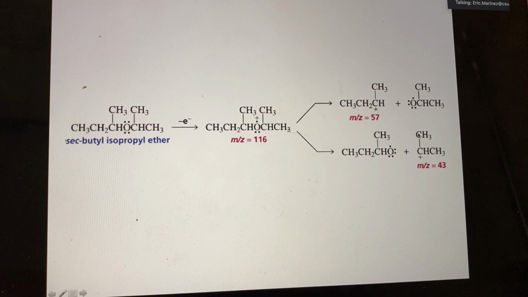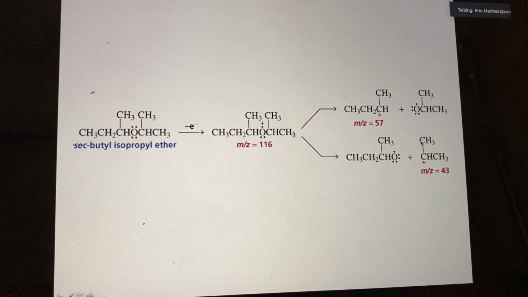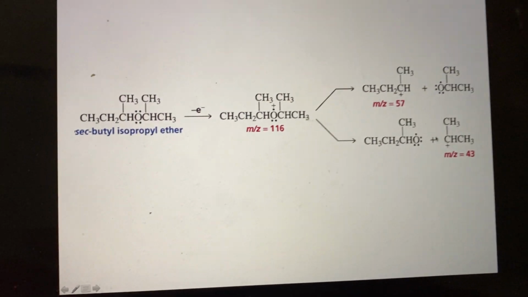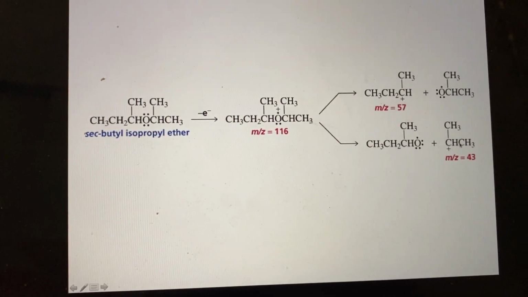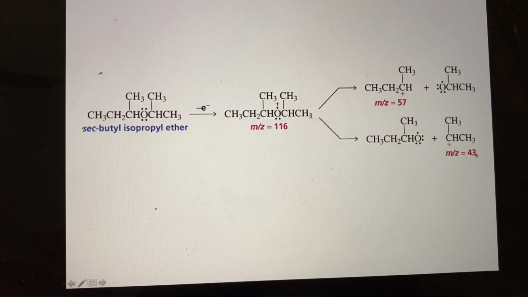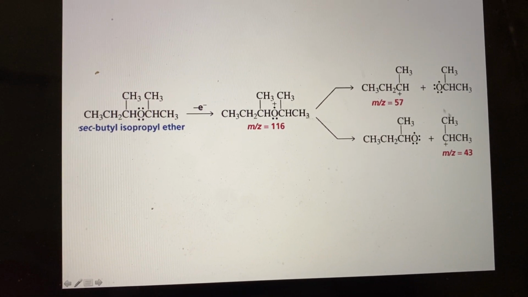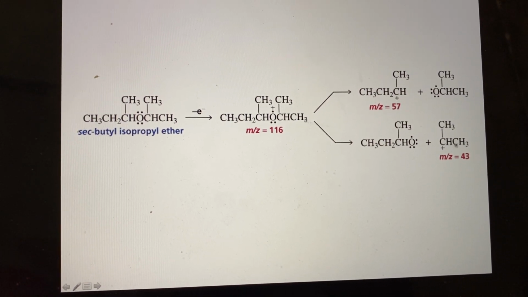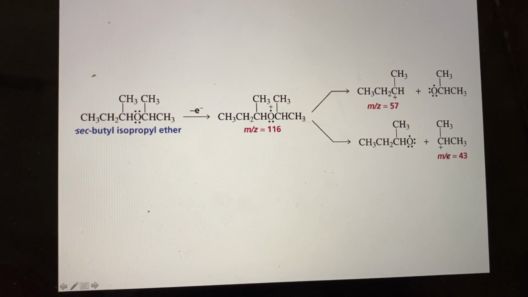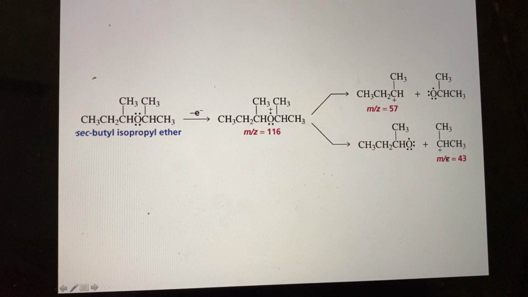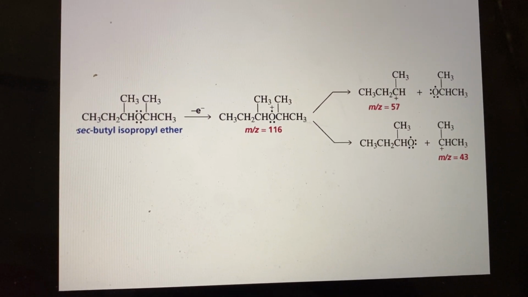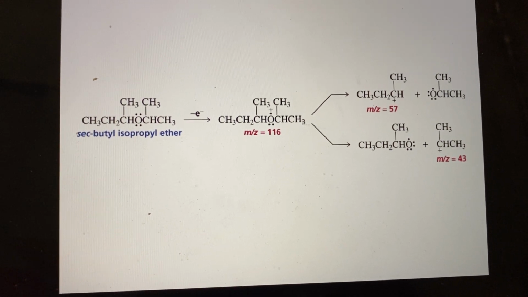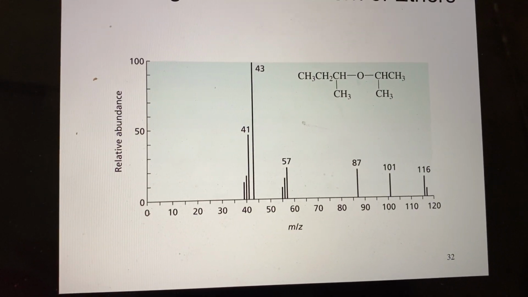If I somehow lost a molecule of hydrogen gas, I would get an allylic carbocation, where I form a double bond and a carbon with a positive. So going from 43 to 41, what I have is a double bond and a CH2 group here. And that's going to be more stable because it's resonance stabilized. Again, I'm not going to teach you guys that mechanism, and I wouldn't ask that on the exam.